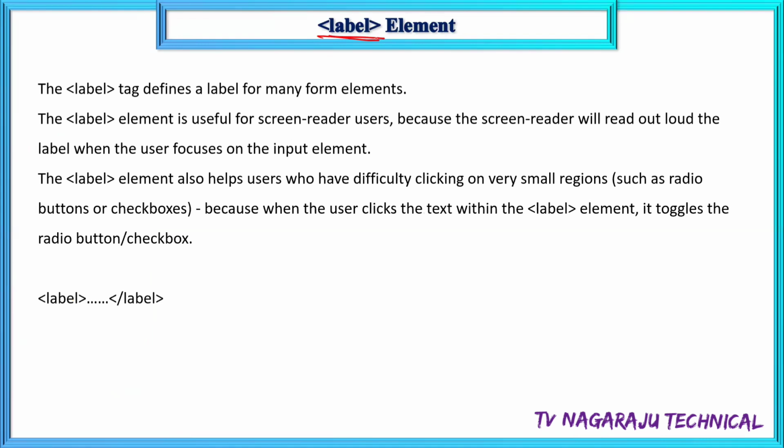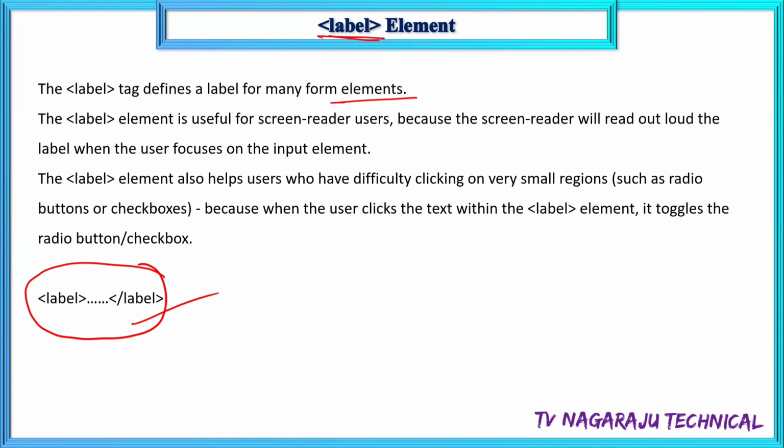The name itself specifies it. Label means simply a name. Suppose if some radio buttons or check buttons are there and it is difficult to understand, in such cases some text message is displayed. For any type of element, you can create a label, just a name.